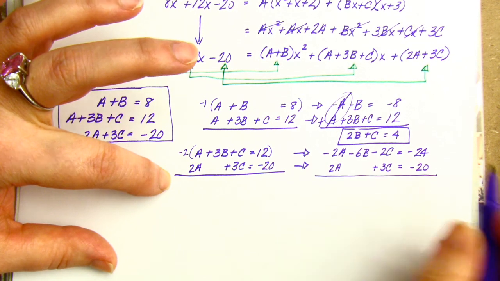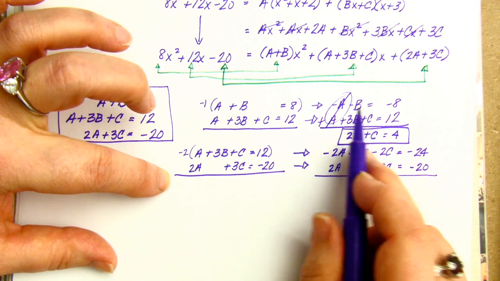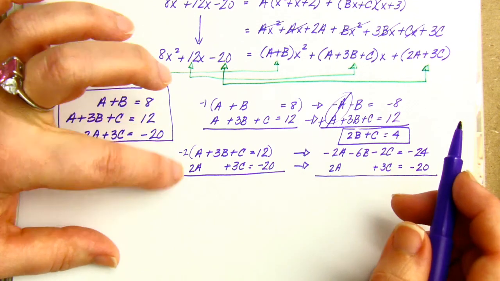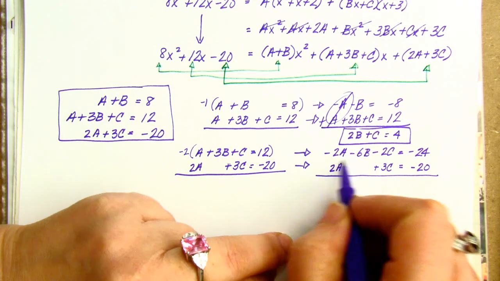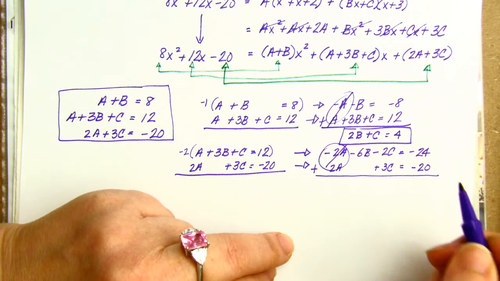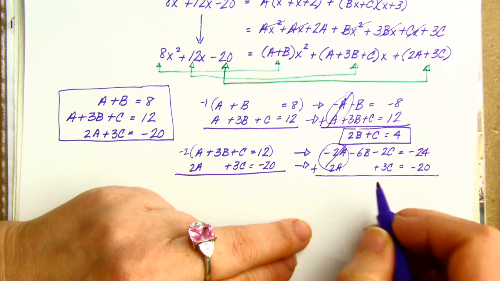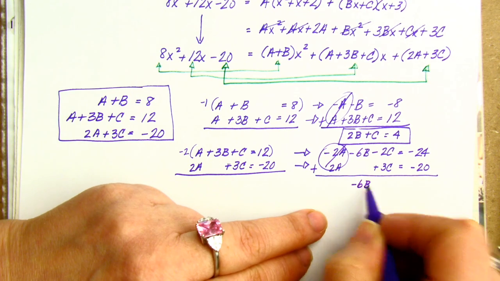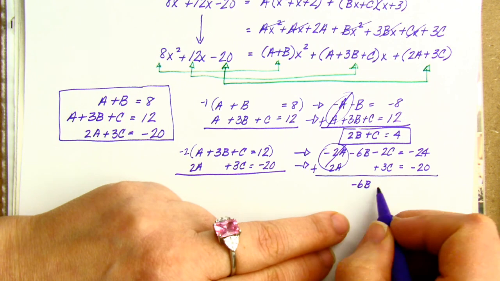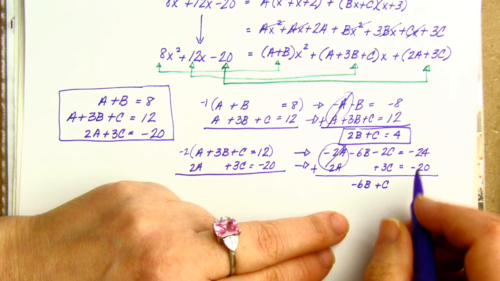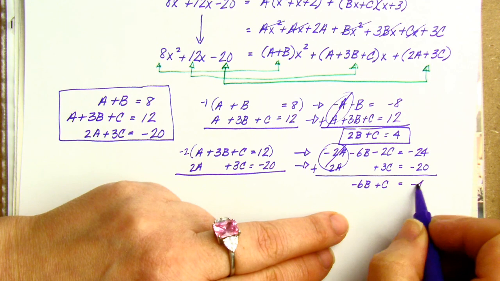Now, remember, I put these two equations together and got rid of a, so then I put the second two equations together and got rid of a again, so that I would have two equations with just b and c. These are opposites. Now I'm ready to add. Negative 6b plus 0, negative 6b, negative 2c plus 3c is 1c equals negative 44.